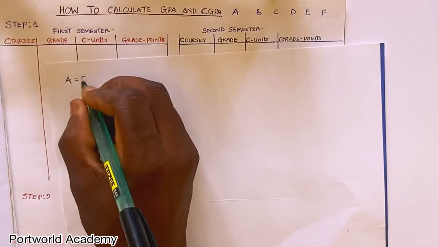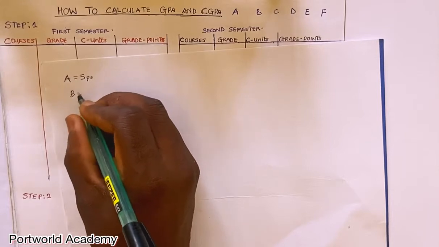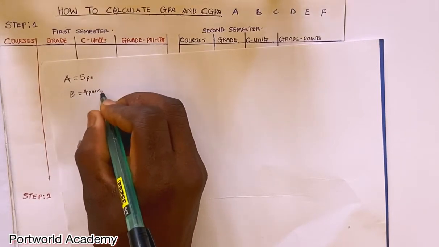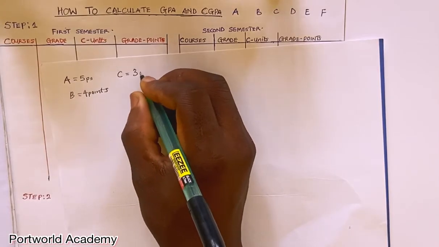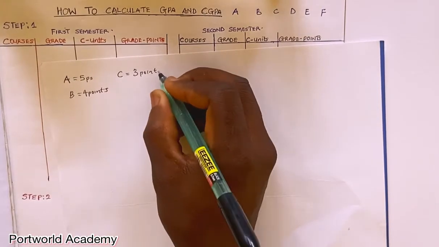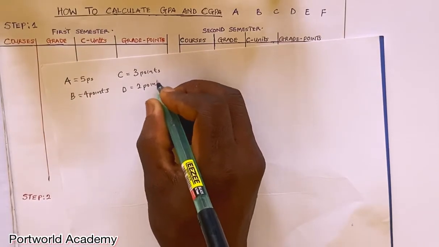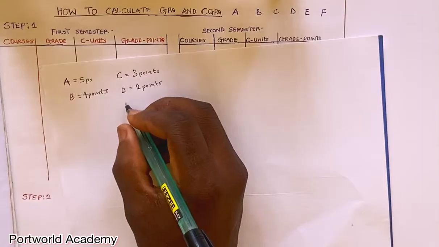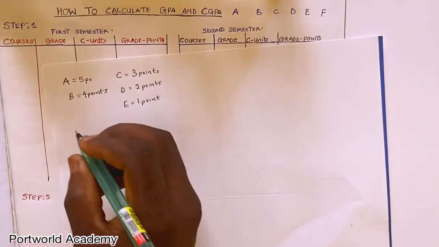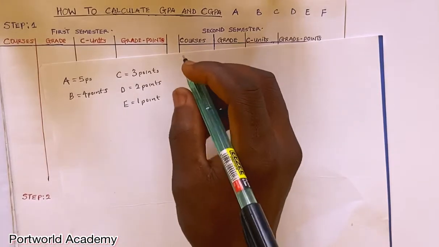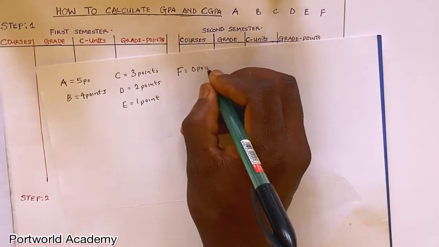A is 5 points. Then if you have B, that's 4 points. If you have C, C represents 3 points. Then if you have D, that's 2 points. If you have E, E is 1 point. It can never be a fraction. Let's say you have F, F is 0 point, it doesn't count.